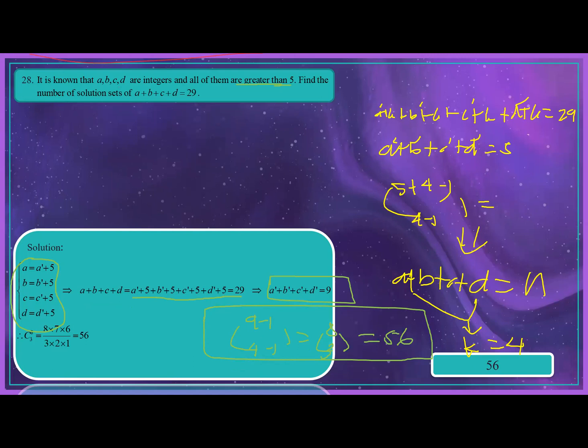Basically, you were right, but your K should be the number of labeled boxes. So basically, stars and bars is equivalent to n plus K minus 1 taken n. This is also equivalent to n plus K minus 1 taken K minus 1. So by definition, this is the definition.